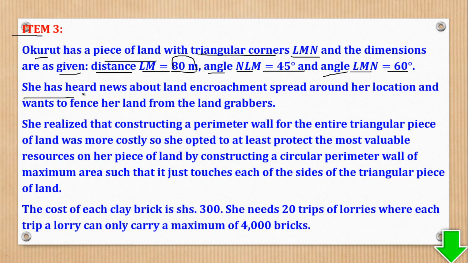She has had news about land encroachment spread around her location and wants to fence her land from the land grabbers. She realizes that constructing a perimeter wall for the entire triangular piece of land was more costly, so she opted to at least protect the most valuable resources on her piece of land by constructing a circular perimeter wall of maximum area.